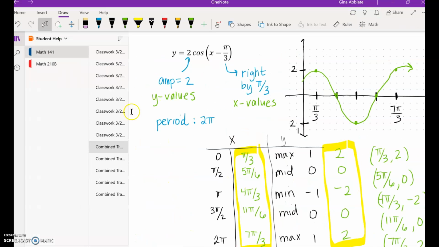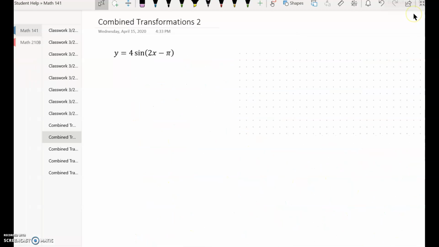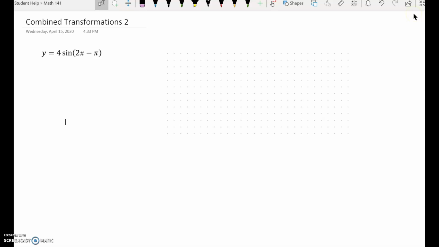So let's look at a second example. This is one that has a sine graph. We know that we need to rewrite this so that we can factor out that 2 that's in the front. And that gets factored out of both the 2x, and also we divide the pi by 2.